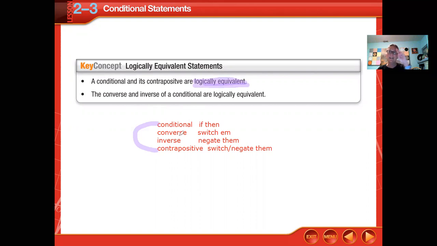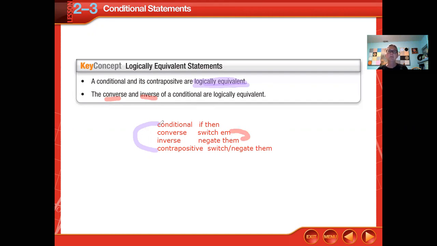They're always linked that way, and that's how you can check if the truth values of your statements are correct. And then we have the converse and the inverse, and those two are also logically equivalent. In the last example, everything turned out to be true, so these are both true and these are both true.